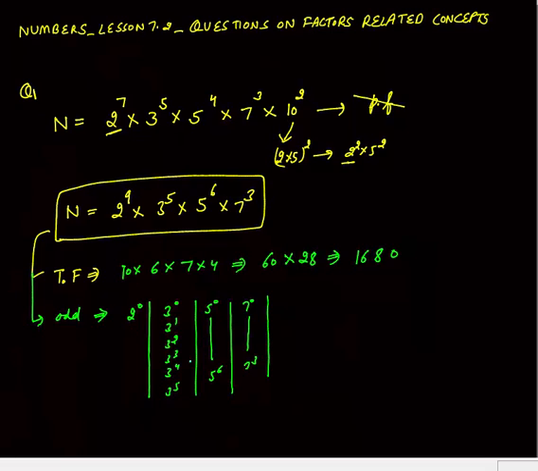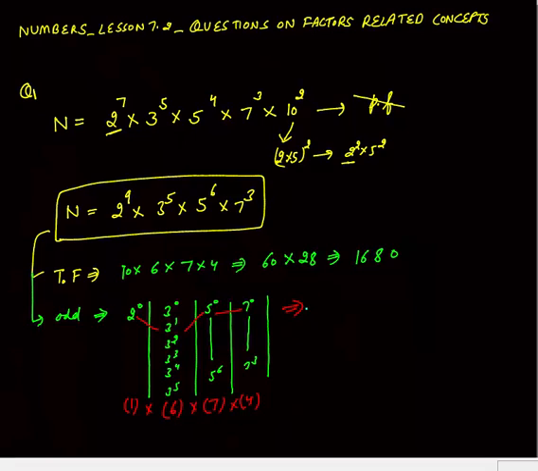If you multiply 2 power 0 with any of these numbers, the product will always be odd. This and this, the product will always be odd. So one number from this side can be taken in one way. In this side, how many numbers are there? 6 numbers are there, 3 power 0 to 3 power 5. And in this side 7 numbers are there. In this side 4 numbers are there.